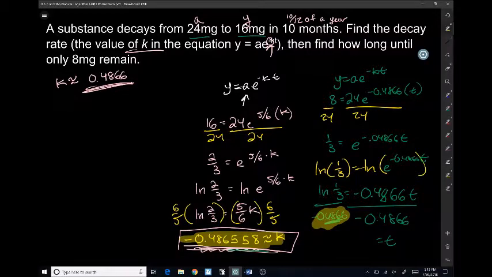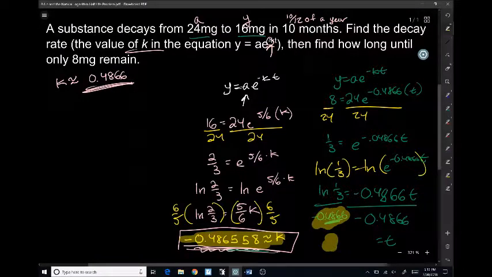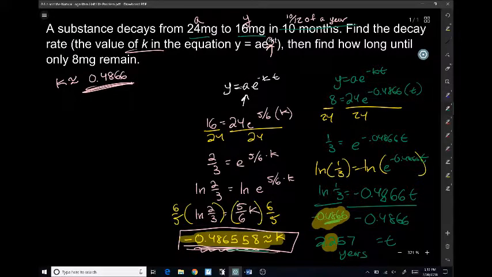So I get 2.257. So it's going to take about 2.257 years. We converted this to years by doing the 10/12ths instead of doing just straight 10.